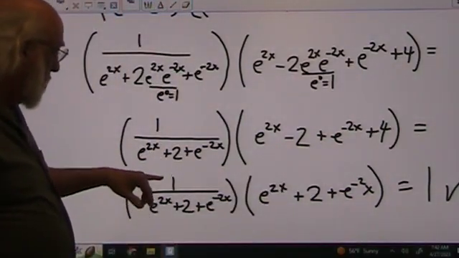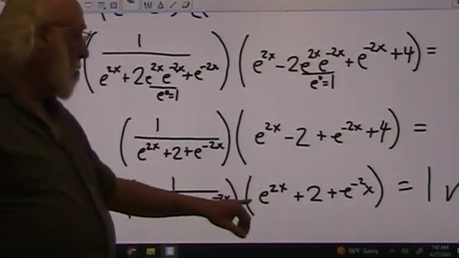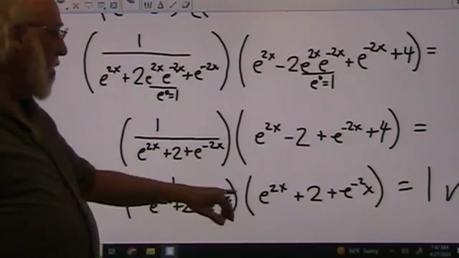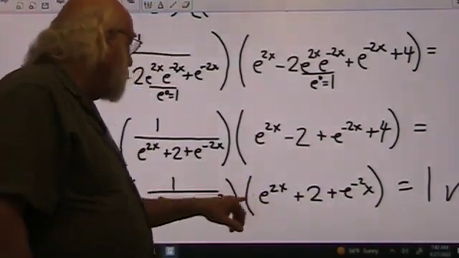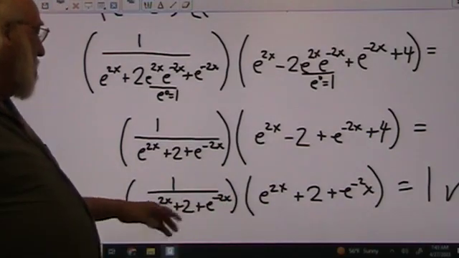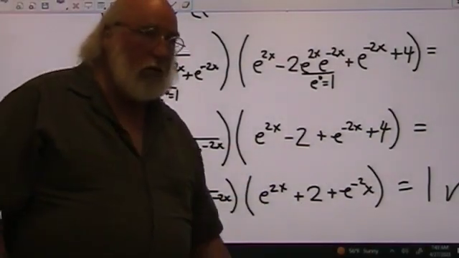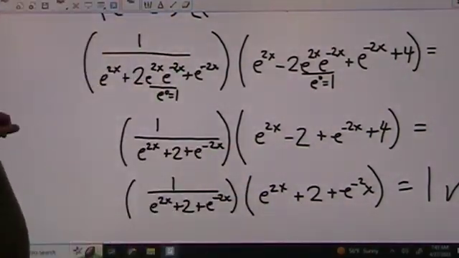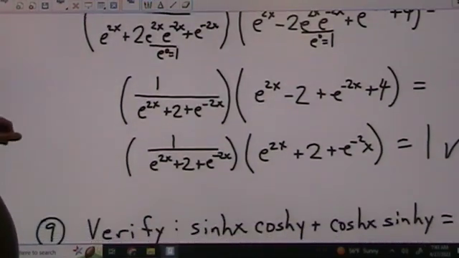And so you get this fraction, which has this denominator, and this numerator is exactly the same as this denominator. They cancel out, and that gives you 1. All right, so that's just how you verify that.